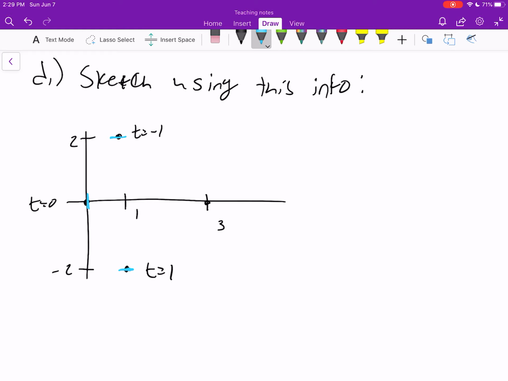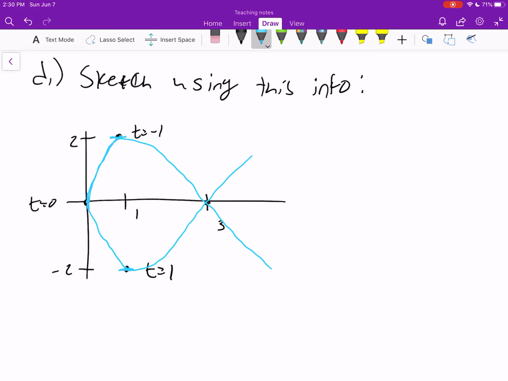Going from t equals 0 to t equals -1, we need to be concave down. And then t equals 0 to t equals 1, we're concave up. We stay concave up and concave down as we continue on. And then I have to go through this point with a positive slope, and I go through this point with a negative slope.